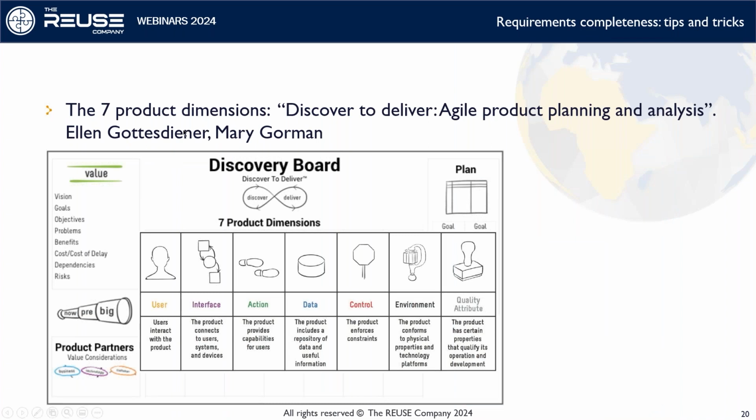We can consider these 7 product dimensions. So this is also giving you the scope of what could be a requirement specification. So we can be oriented to users, interfaces, so actions. We see the same top 3 that we had, so to say, in the previous slide. But we also need to consider data storage, data management, control.